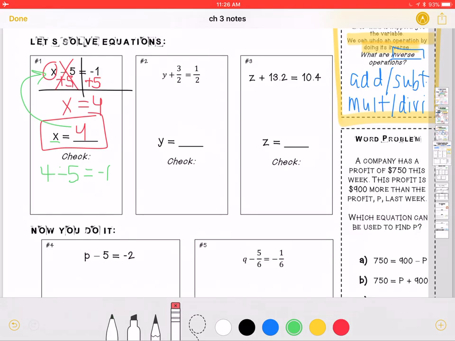So let's actually do this now. 4 minus 5. I see subtracting of integers, so I'm going to keep, change. So now I have 4 plus a -5. Different signs, I would subtract. Keep the sign of the larger. Did I get -1? Does -1 equal -1? I did. I did my check, so I know I'm correct. So x does in fact equal 4.